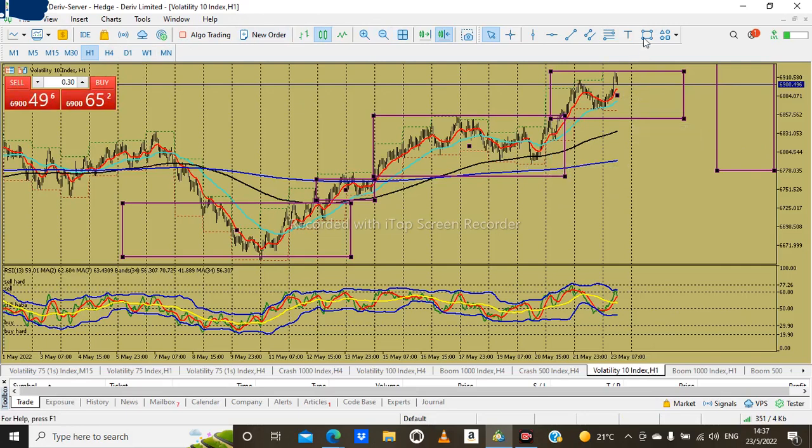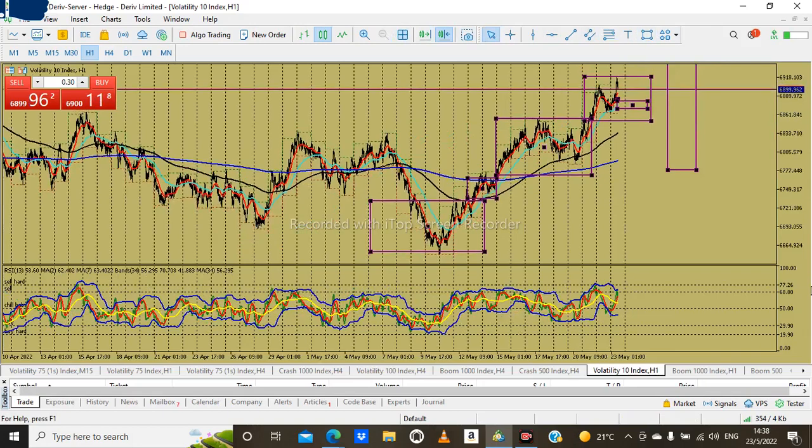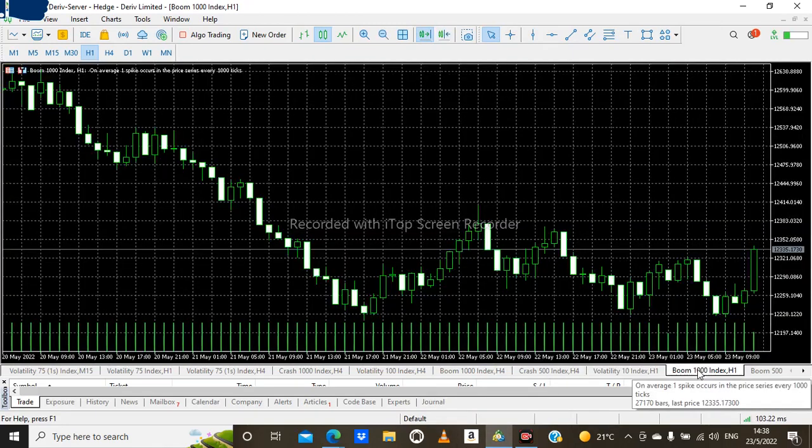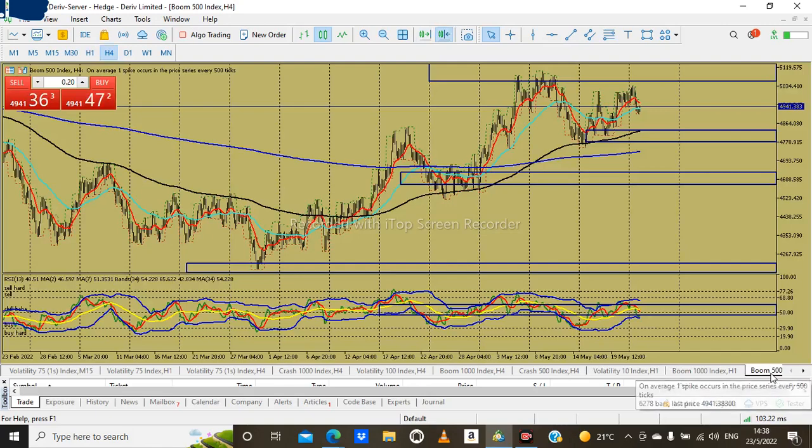So you could wait for price to drop here, then you buy it. But my bias is a buy. My bias is a buy. So V10, we are buying it.